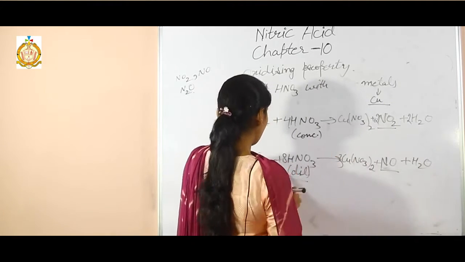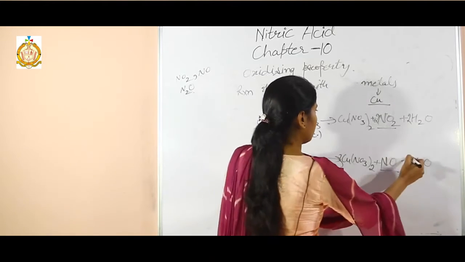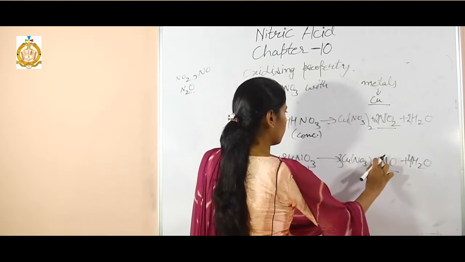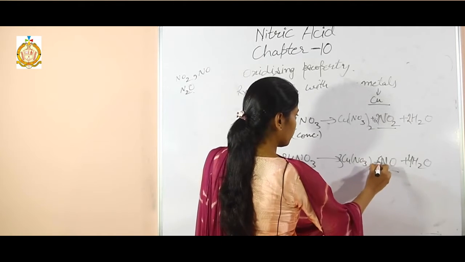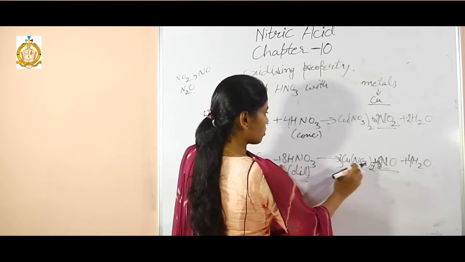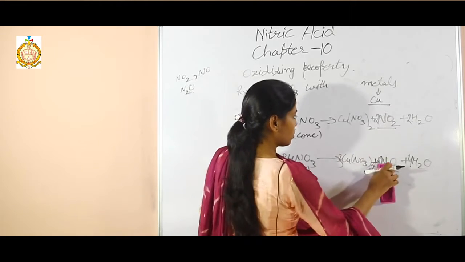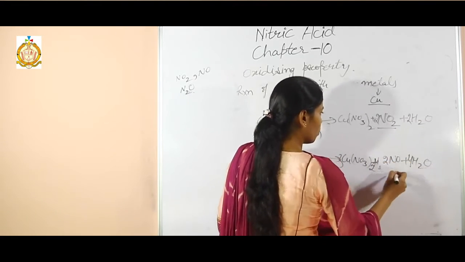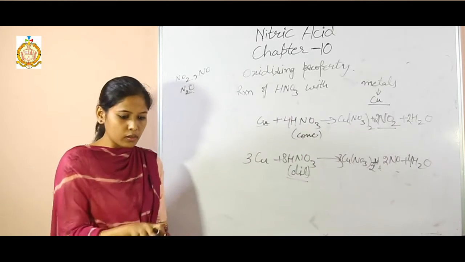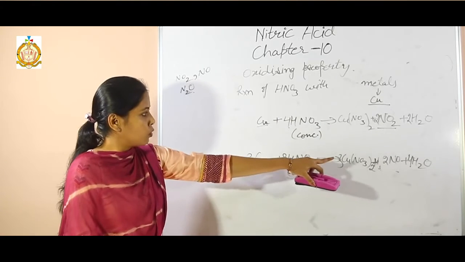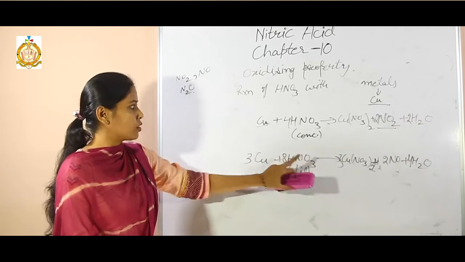Here also 3, then 8 is there, and here is 4, nitrogen, no, here is 2, and here we will write 6, here will be 2 NO. Just check whether it is balanced or not. 4 and 2, 3, yes, it is balanced.